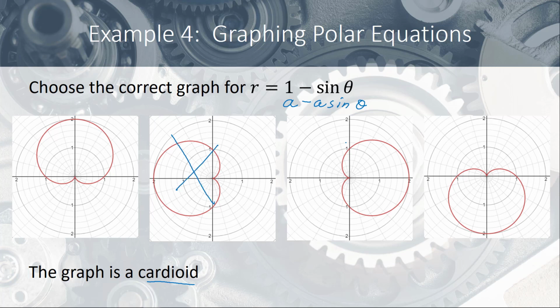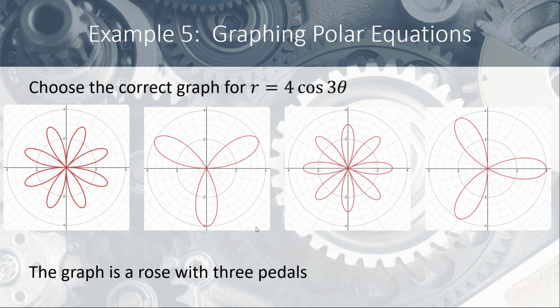So this is out and this is out. Furthermore, since the sign is negative, that is going to be a cardioid that is going down the y-axis, which means it will be this cardioid here, not that.